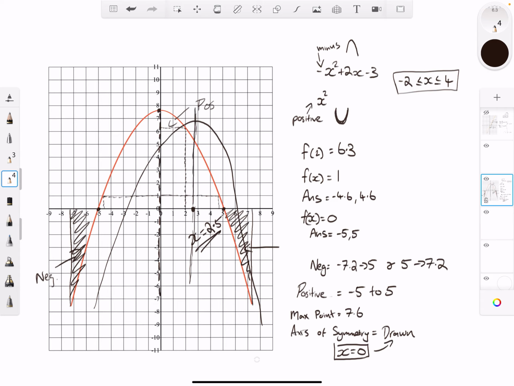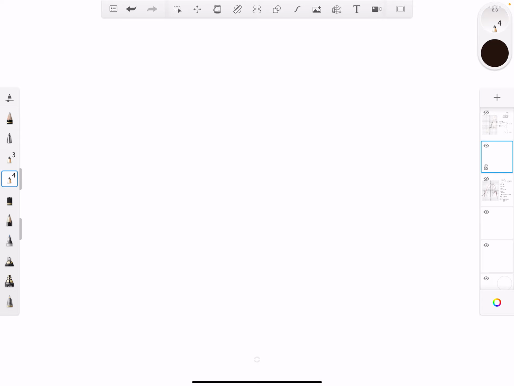So that's the basics of what you're going to have tomorrow. I think where people need to be really careful is if you have something like a -x² and you're putting in a -5, okay? You have to remember that you substitute in the -5 where the x is, and you don't forget about the minus before the x, okay?